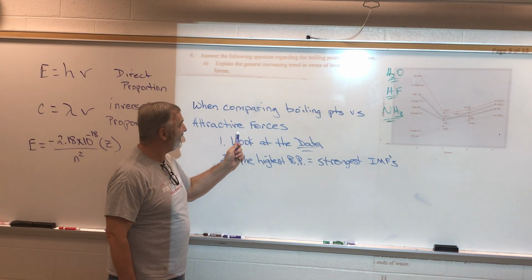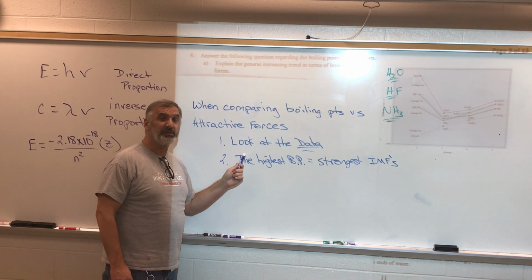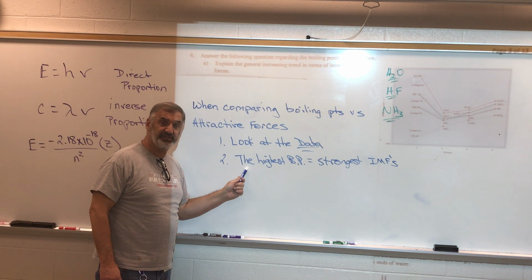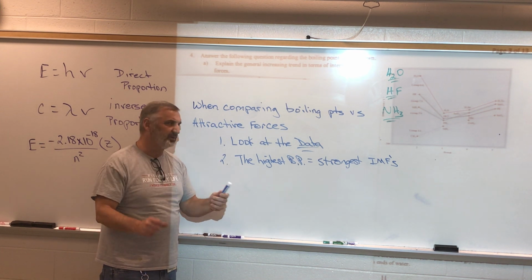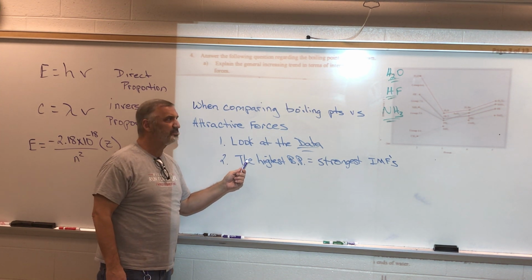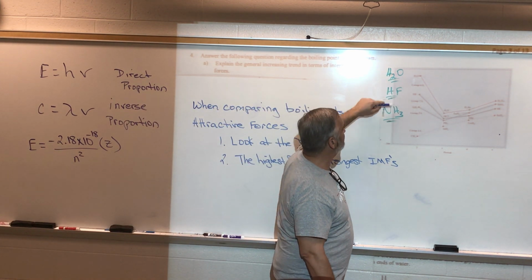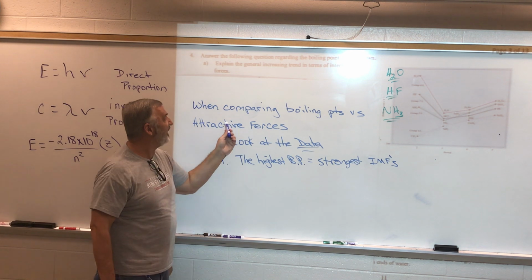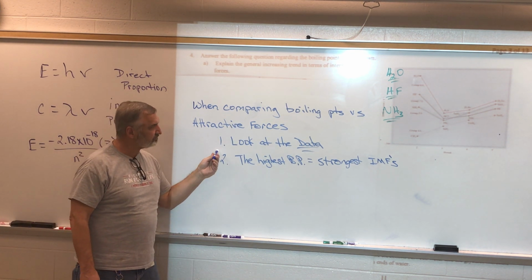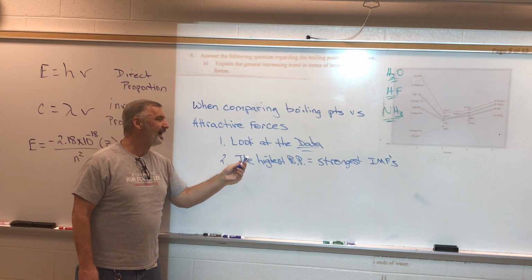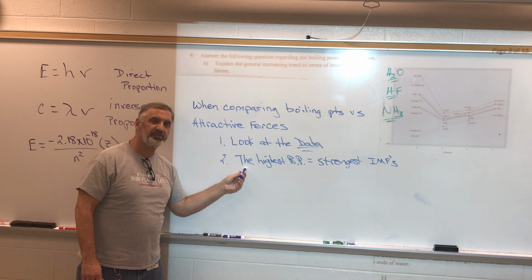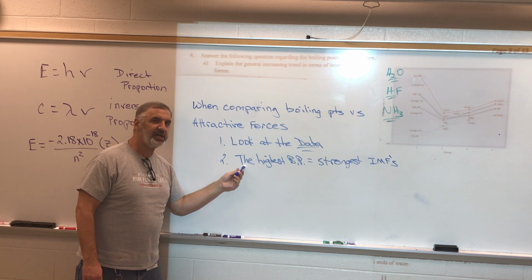Hydrocarbons are always nonpolar, but the bigger they are, the stronger the LDFs, the more polarizable they become. So you always have to look at this. This is super important right here. And so we have anomalies here in boiling points due to hydrogen bonds, but if you're going to compare boiling points, always look at the data. Highest boiling point is always the strongest attractive force, even if it's nonpolar.